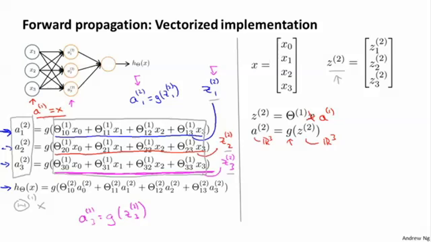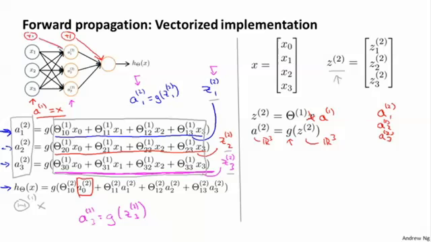Now, with what I've written so far, I've gotten the values for a2_1, a2_2, a2_3, and really I should put the superscripts there as well. But I need one more value, which is a0, and that corresponds to a bias unit in the hidden layer that goes to the output layer.